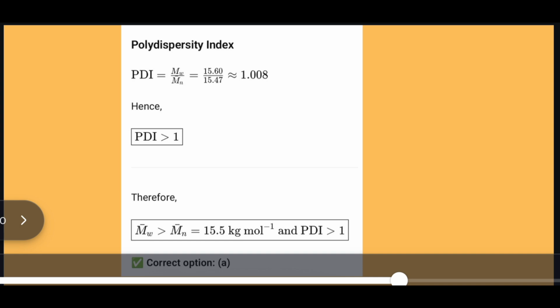PDI is equal to MW divided by Mn, that is equal to 15.60 divided by 15.47, that is equal to 1.008. Hence PDI greater than 1. Therefore MW bar greater than Mn bar, that is equal to 15.5 kg per mole, and PDI greater than 1. So hence the correct option is A.